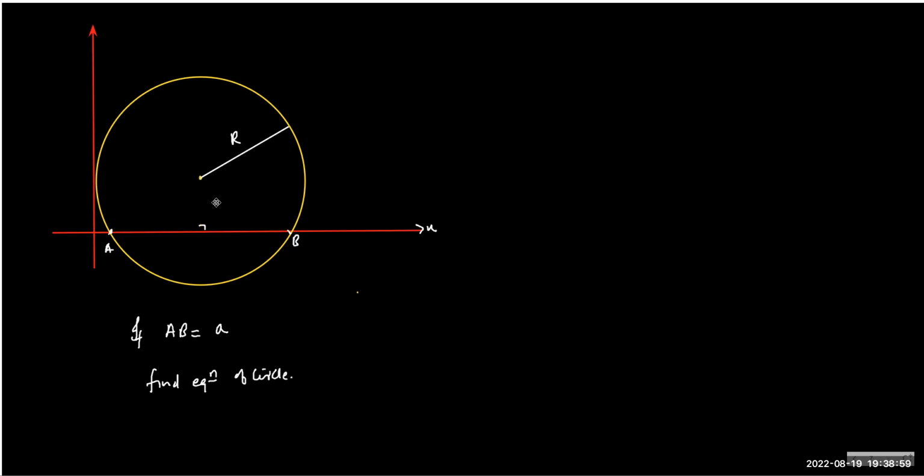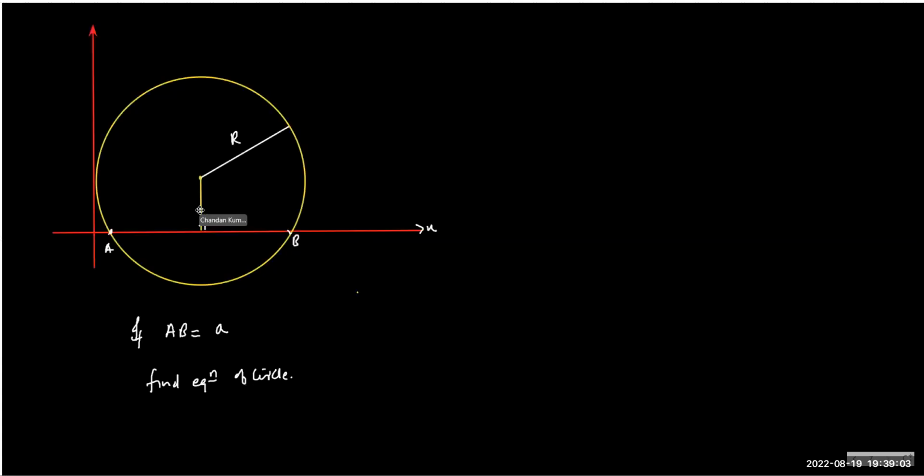So generally this diagram will not be given to you. So given the chord length as A and the radius as R, what will be the equation of circle?